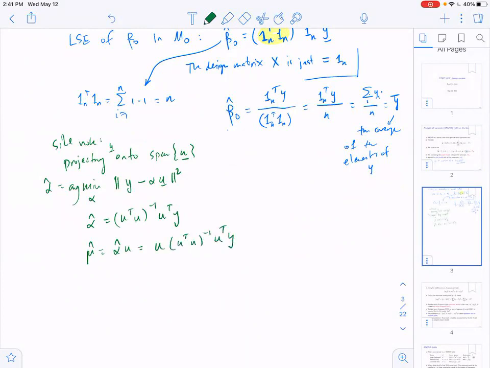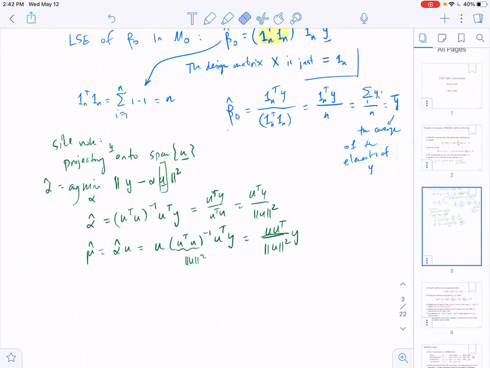This simplifies a little for the case when u is a vector, because u transpose u is a scalar: you get u transpose y divided by u transpose u, or u transpose y divided by the norm of u squared.